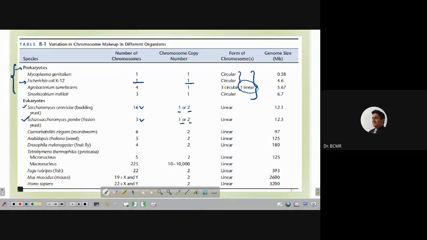These two Saccharomyces are fungi. Fungi can exist in a haploid stage or in a diploid stage. So for half of the life cycle, it might remain in a haploid state, and at some point it will remain in a diploid state. In humans also, we can have something similar, okay?